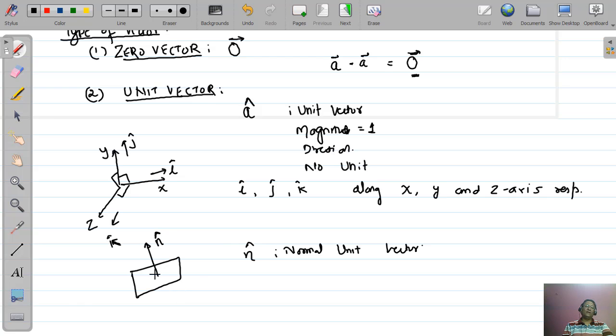Its magnitude is 1 and direction is perpendicular to the plane. So these three terms i, j, k and this n, we have to be very clear that these are used for the unit vector whose magnitude is 1 and has a particular direction with no unit.